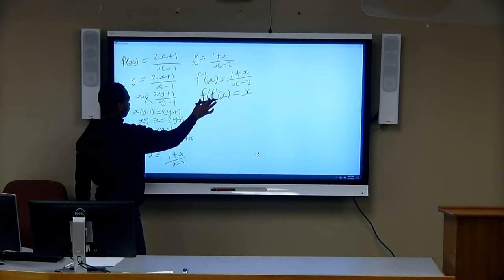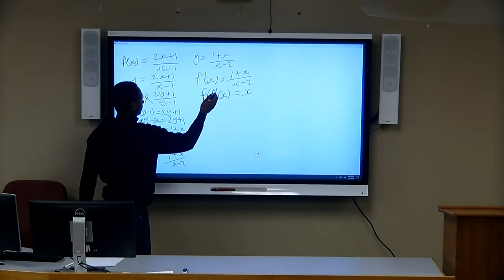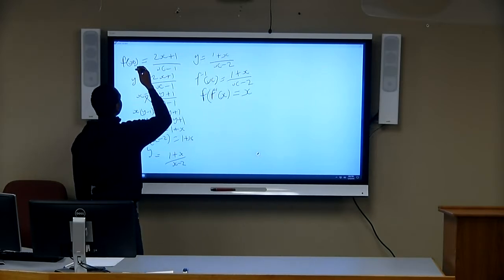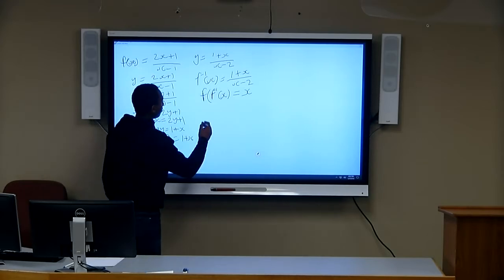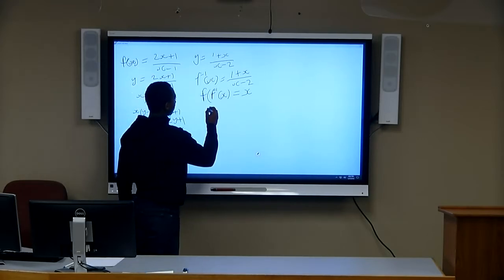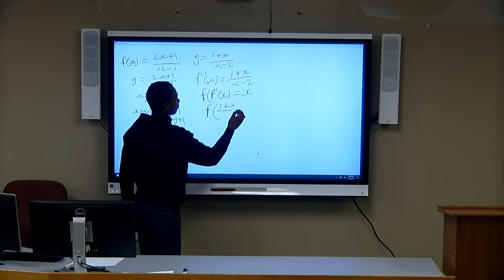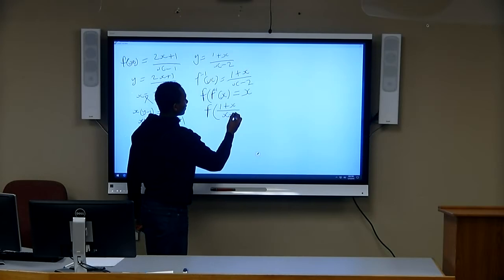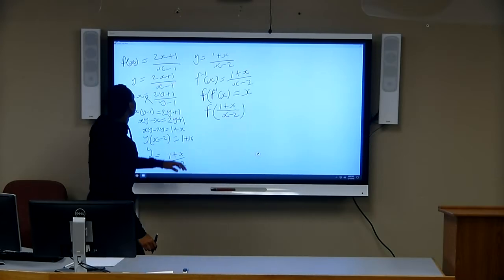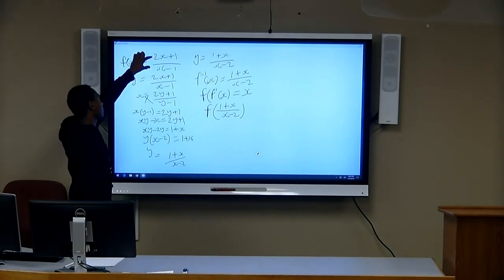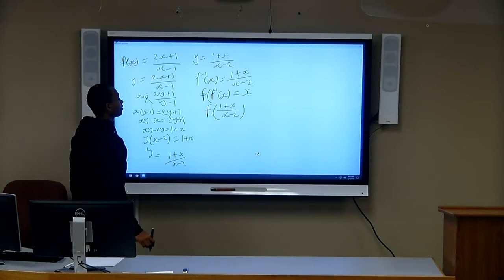So this thing here should be equal to x for this to be the inverse of this. If we go on, f inverse of x is 1 plus x over x minus 2. So that's what we're going to substitute inside f of x and see if it will be equal to x.